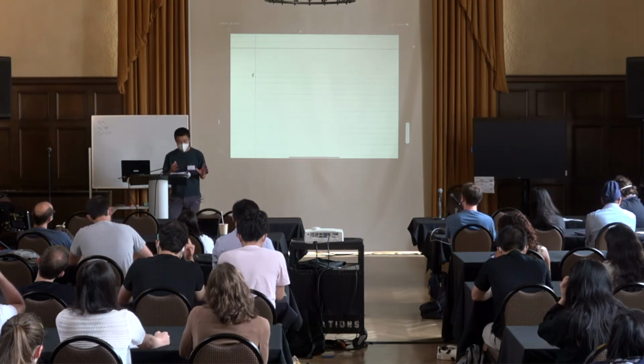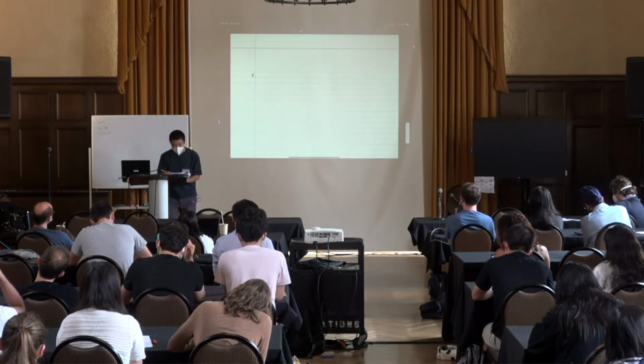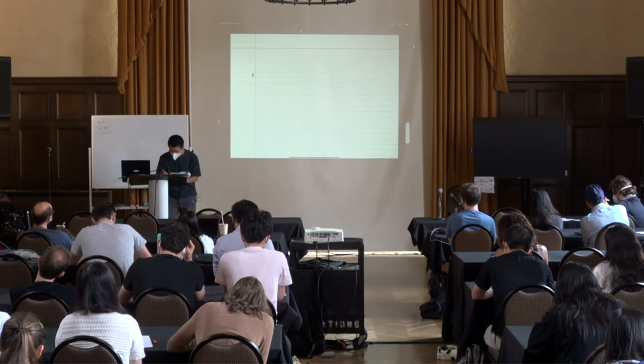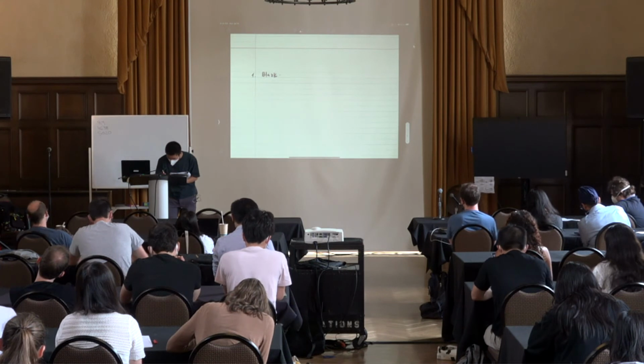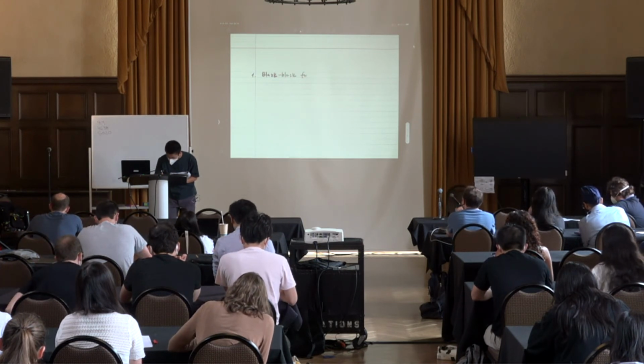Okay, and to introduce quantum algorithms, we first need to discuss a new model for computation, which is the black box or the query model. So we need to talk about black box functions and query model.